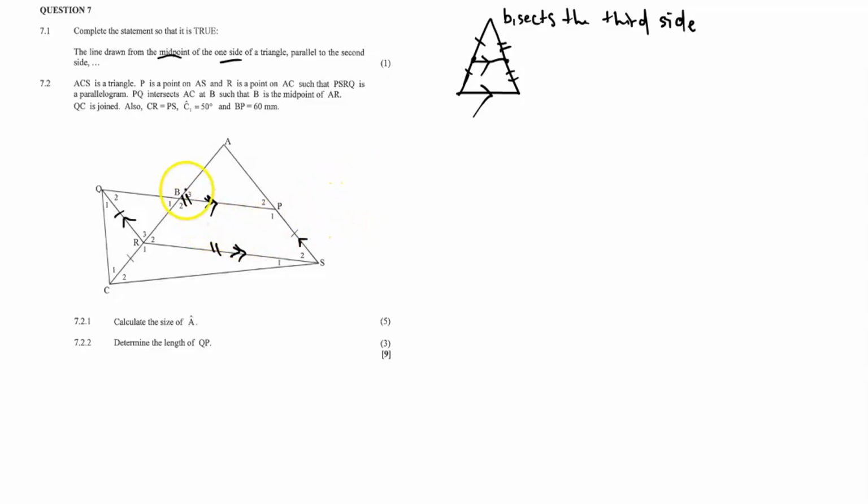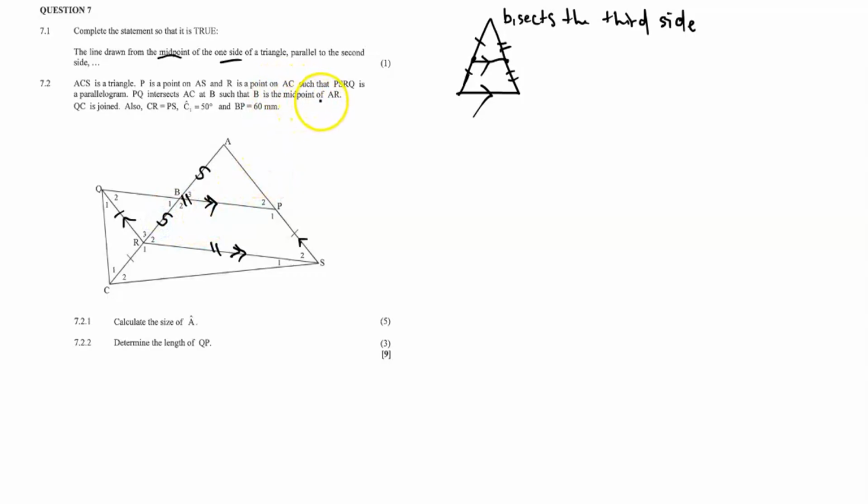And then PQ intersects AC at B. So this is PQ, it intersects AC at B. Also such that B is the midpoint of AR. So that means this one is equals to this one.